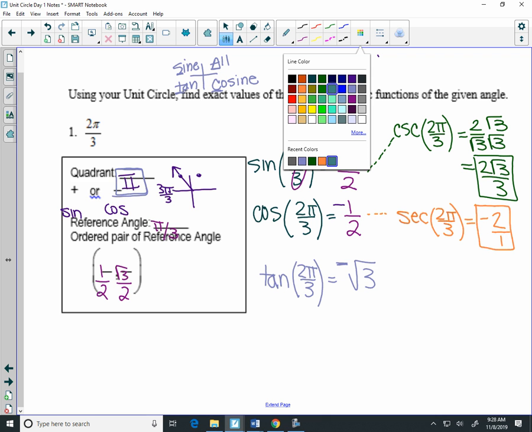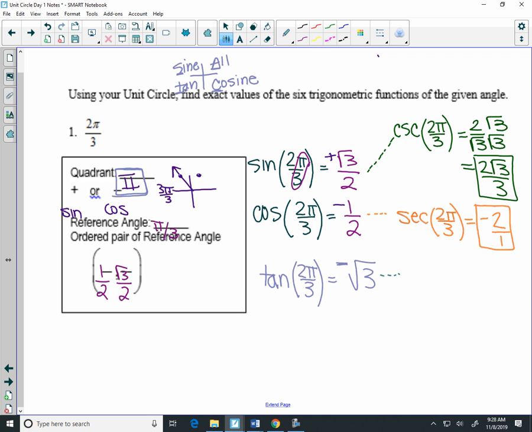This one, the naming convention makes sense. Tangent's reciprocal is cotangent. The abbreviation is COT. And when we flip this, it's negative radical 3 over 1.